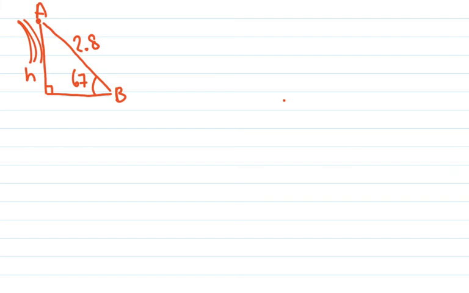Okay, so now we have enough information that we can use Sohcahtoa instead of the Sine Law to solve for the height. So I'll write down Sohcahtoa so we remember it. So we are talking about angle B here because that's the one we know, and we need to find the height.